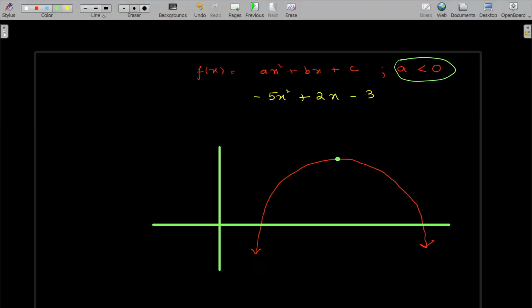So the vertex is going to be negative b over 2a, comma f of negative b over 2a. Okay, the axis of symmetry will also be x is equal to negative b over 2a. Everything will be the same. It's just that instead of the minimum value, now we will get a maximum value. This will be the maximum value.